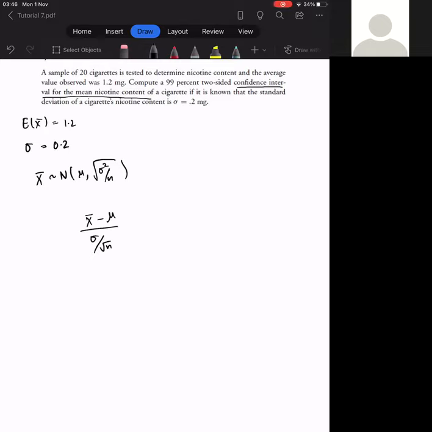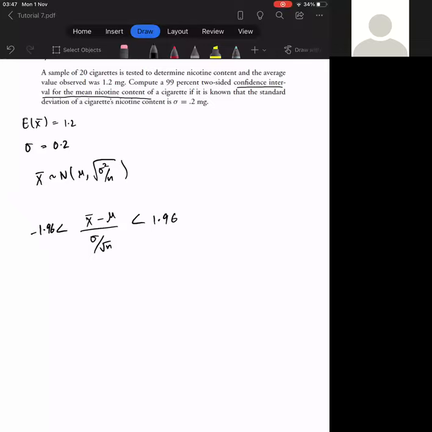And let's suppose we want some interval. A 95% confidence interval is usually the case, so it's 1.96 and minus 1.96. Now we want an interval for mu, so we try to keep mu at the center.